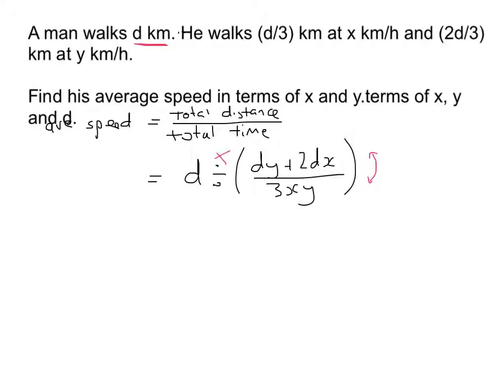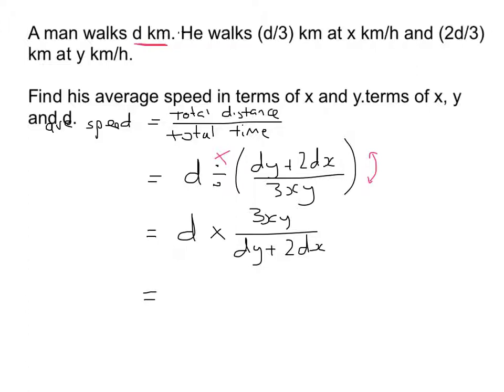And so this will now be equal to d times 3xy over dy plus 2dx. What I'm going to do is factorise the bottom line there.